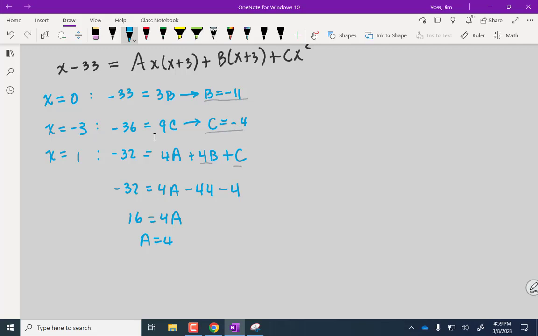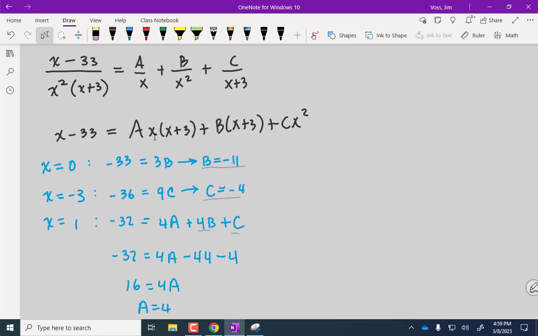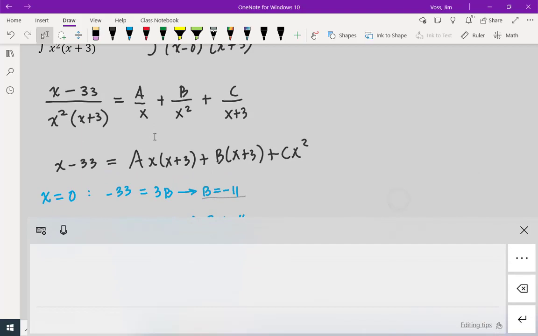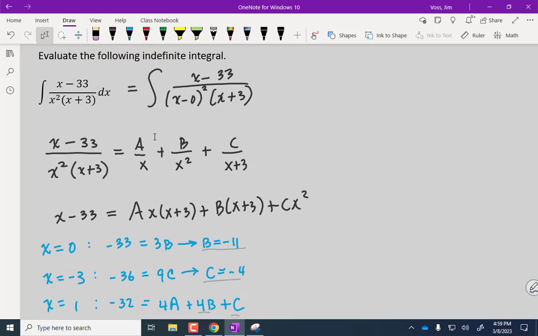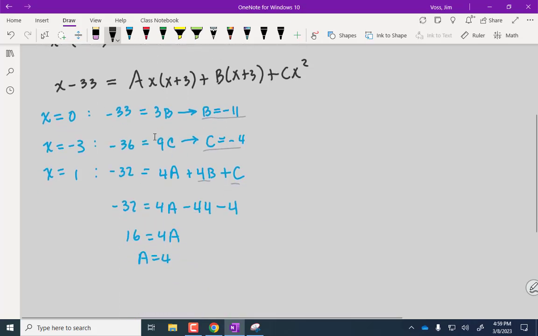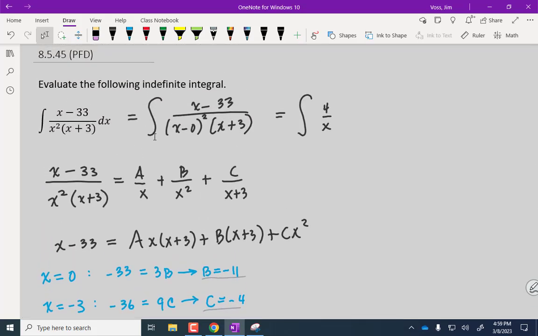Any issues? Okay, so a is 4. All right, so now we are going to rewrite our integral. Integral of 4 divided by x. B is negative 11, so negative 11 over x squared.